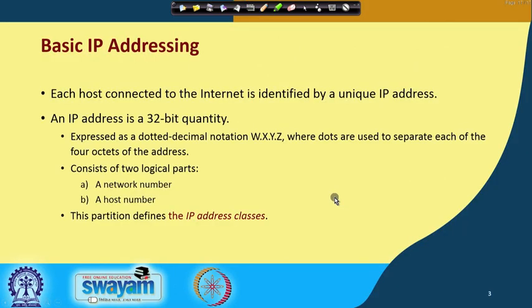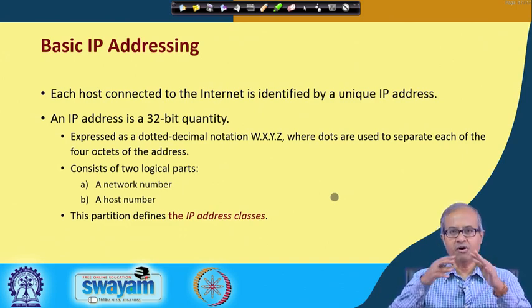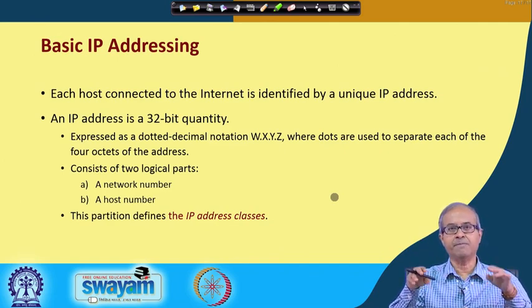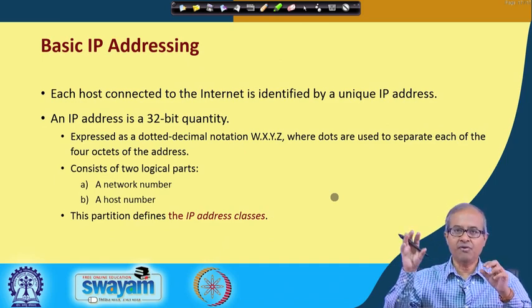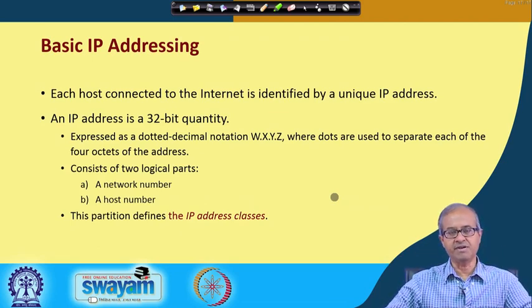Let us see. When you talk about IP addressing, we need to understand the basic role of IP. IP is a protocol of the TCP/IP family that works at the network layer level, and IP ensures some kind of uniqueness of each node or computer that is connected to the internet.